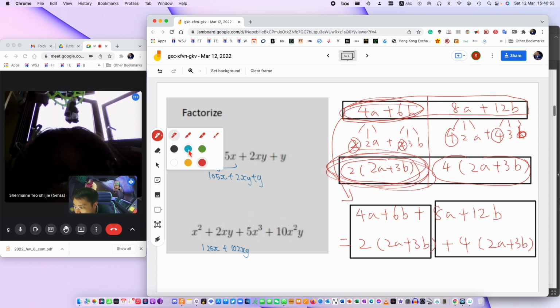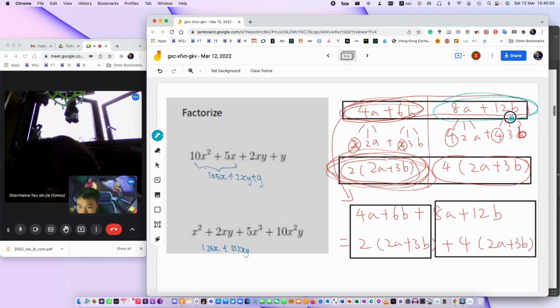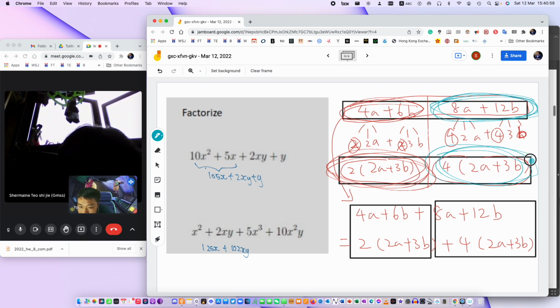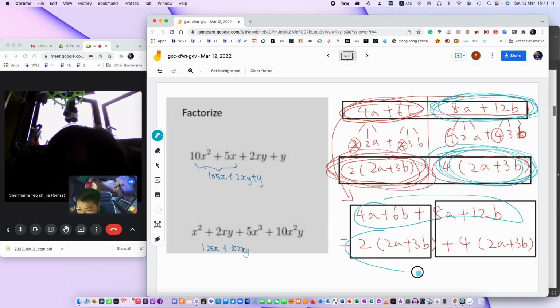And then 8a plus 12b and this 4 times 2a plus 3b is interchangeable. Right? So since you have this plus this, it's the same as this one plus this, because they are interchangeable. Are you clear?